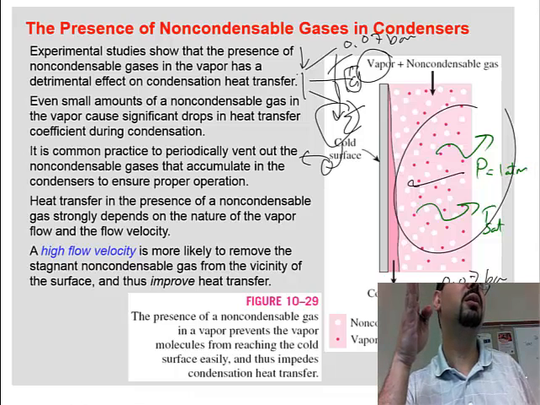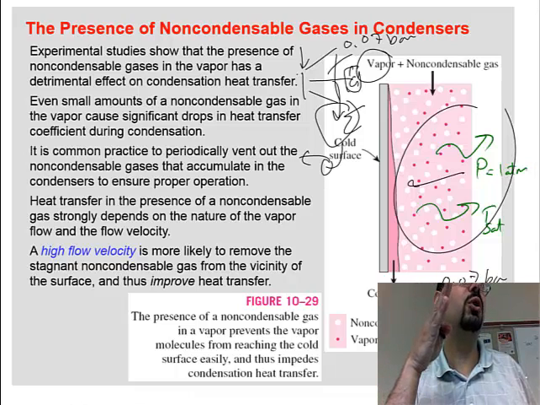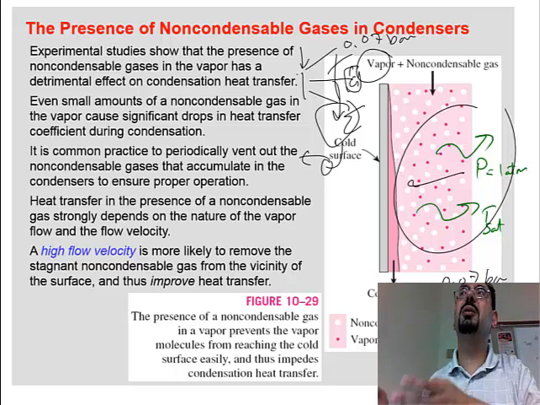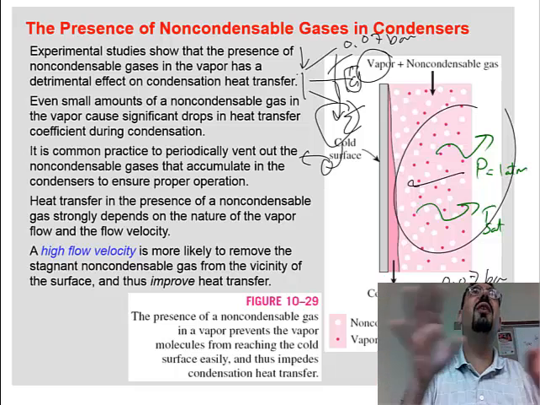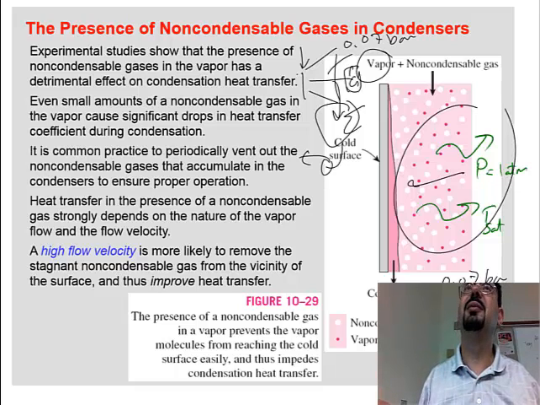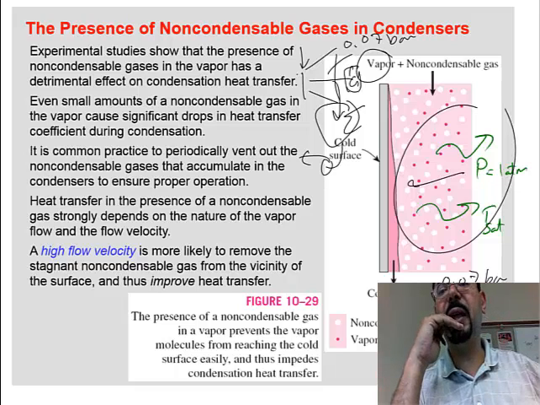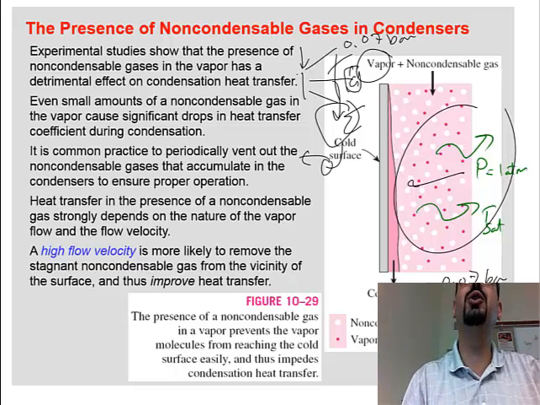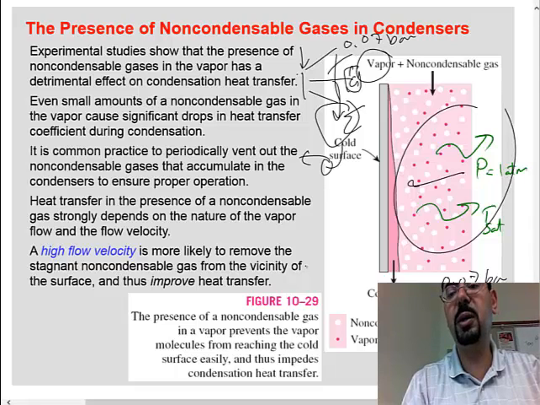The vapor will have a pressure of 0.07 bar or lower, because that's the partial pressure. When you have a mixture of gases, each one of them has its own partial pressure. So the 0.07 is divided among them. The air is occupying some, depending on how much air, and the vapor now is not at 0.07 bar. Let's call it 0.06 bar.